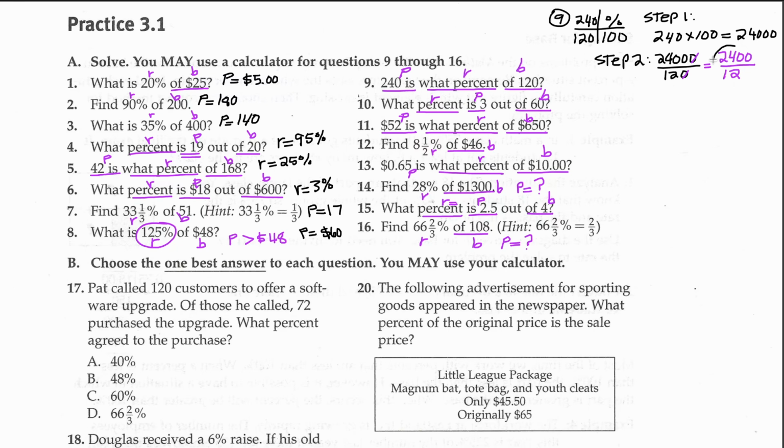If you think about the 24 and the 12, you see 24 divided by 12 is only 2. Then those 2 zeros divided by 12 is going to give you 2 zeros. So your answer is going to be 200%. Because we are looking for the rate, it is going to be 200%. Remember, you have to have the percent symbol.